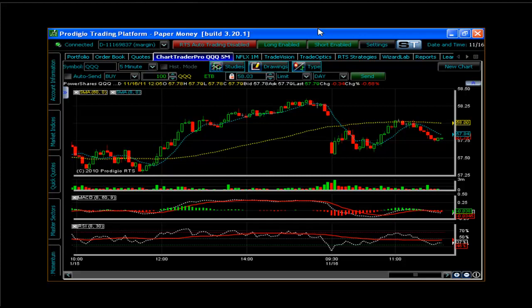Now, when you isolate on a single stock or a single chart or a single security, you're really looking at the various factors intrinsic to this stock. So what do I mean by that? I'm looking at a 5-minute bar chart of QQQ, which is the NASDAQ PowerShares. And obviously, this is a very actively traded stock.